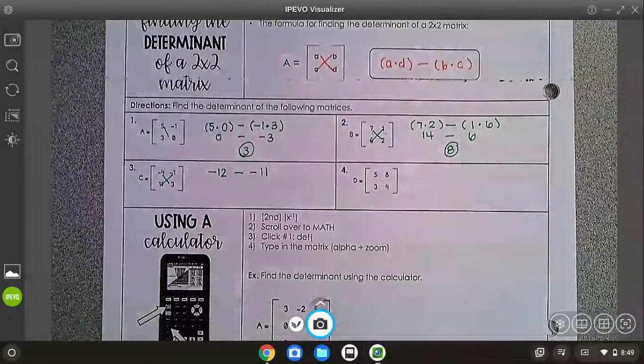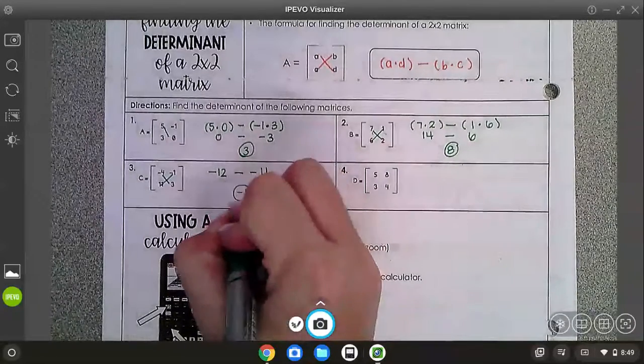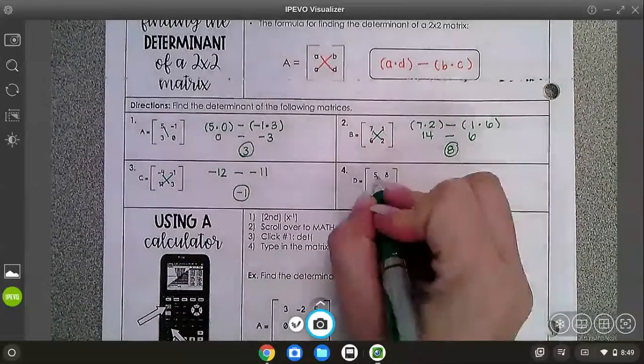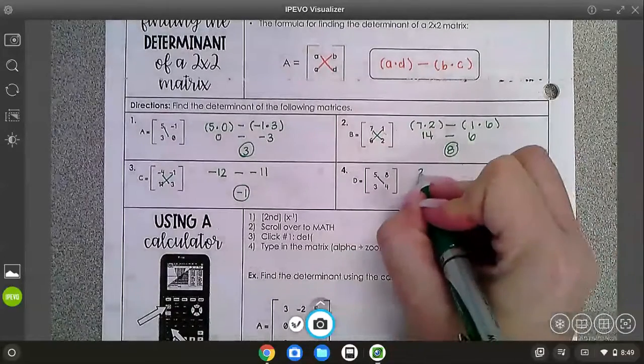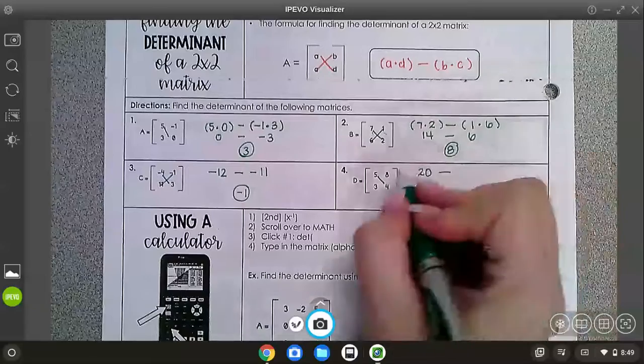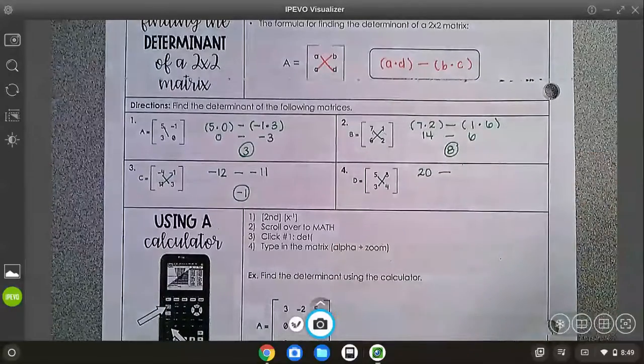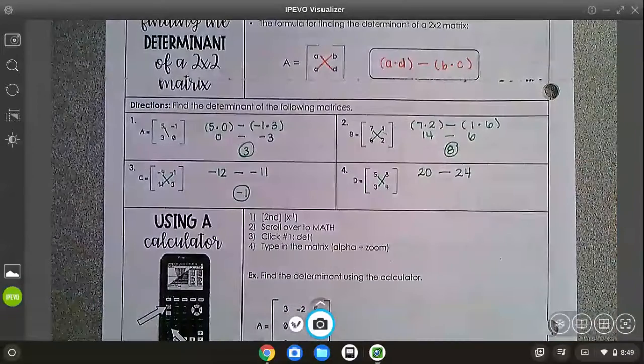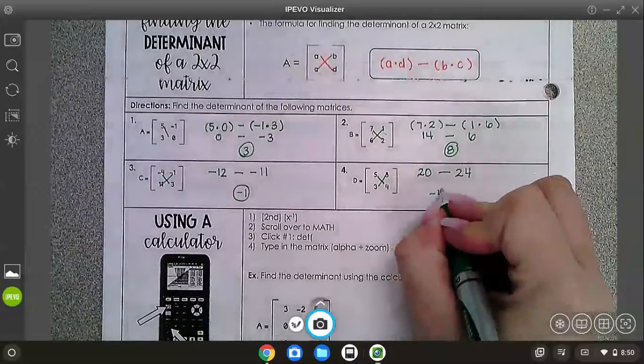So -12 minus -11 is what? -1. And then 5 times 4 is 20 minus 8 times 3, which is 24. 20 minus 24 is -4.